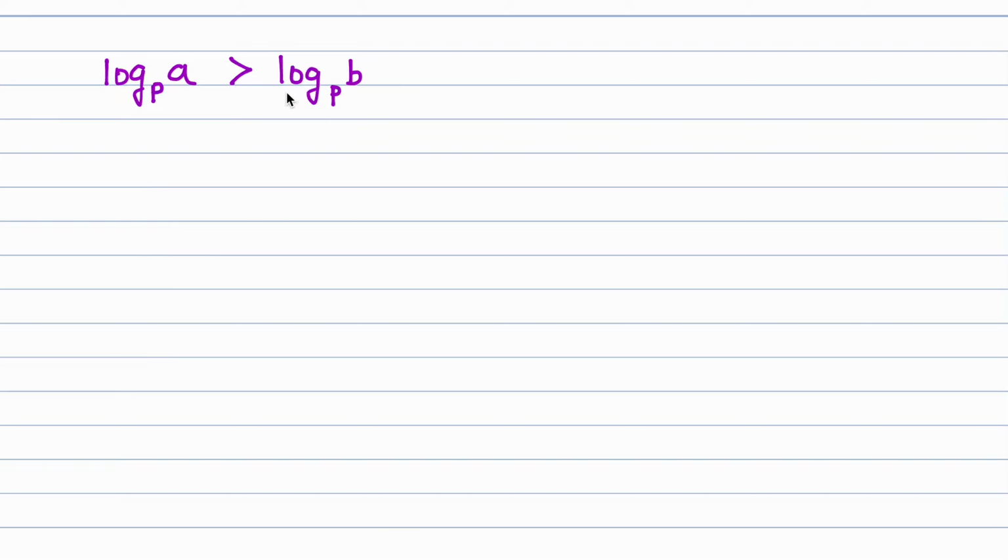Suppose that is the situation, right? So if this situation occurs, you can say that a is greater than b if p is greater than 1. As I told you, it's a little bit tricky, so you can just remember it. But okay, we will use it in higher difficulty level questions.